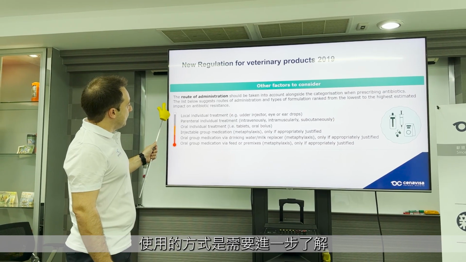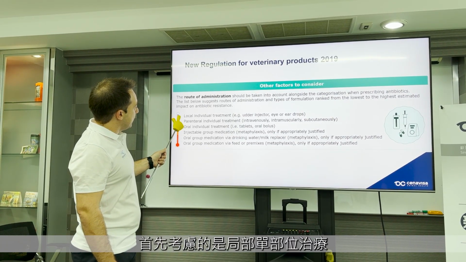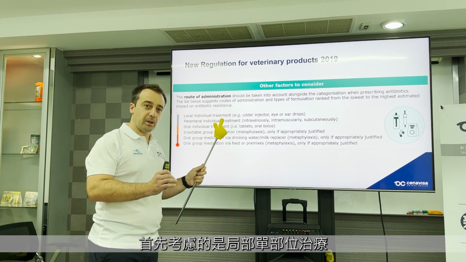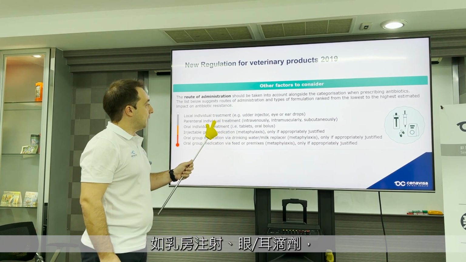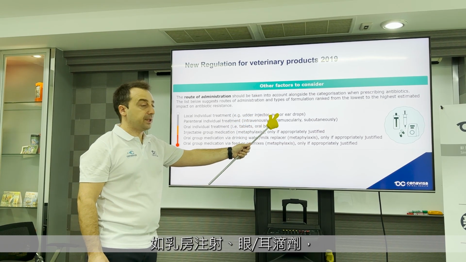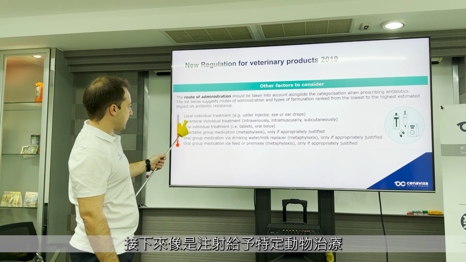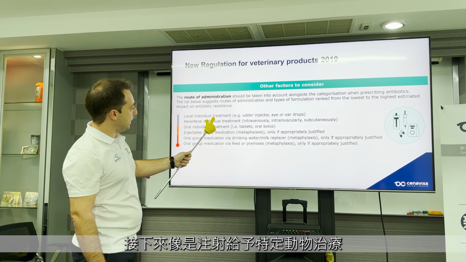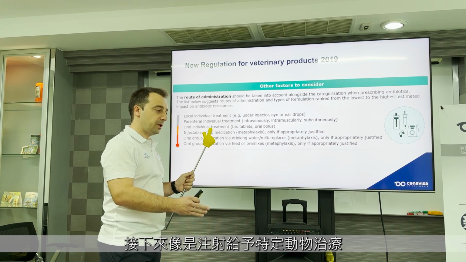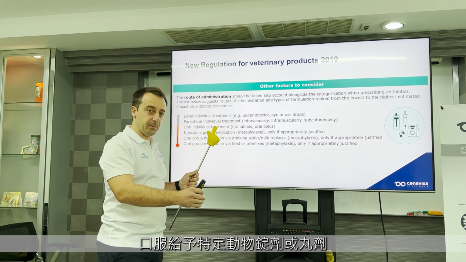In this case, the easiest is to make a local individual treatment, so individual treatment in local places like udder injectors or eye or ear drops. The second is the individual injectable treatment, so injectable treatment for a specific animal.